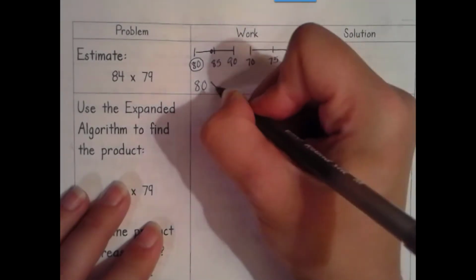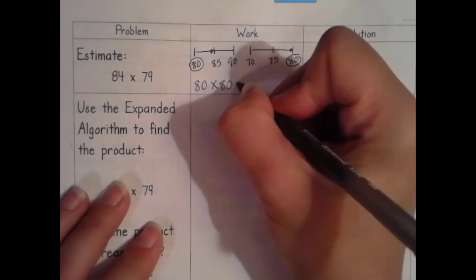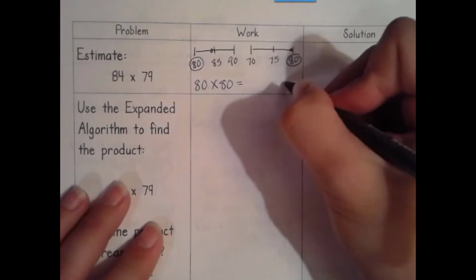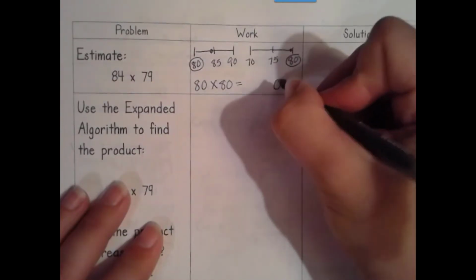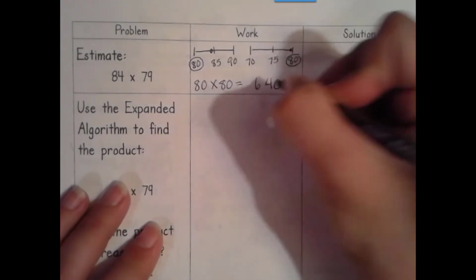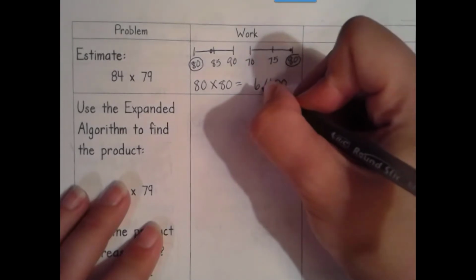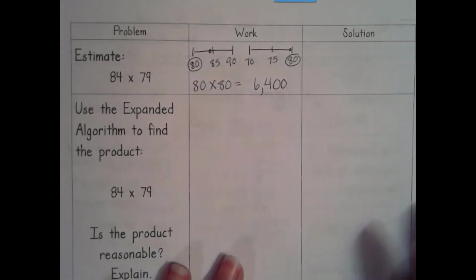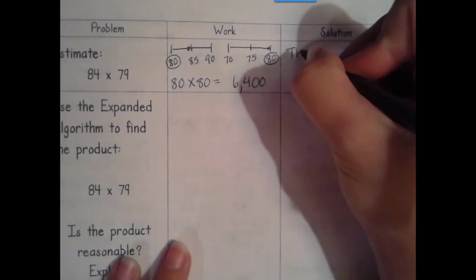So 80 times 80. I have 2 placeholders, it moves it over 2 places. 8 times 8 is 64. 1, 2, 3, comma. Remember, comma on the paper, not in the computer.